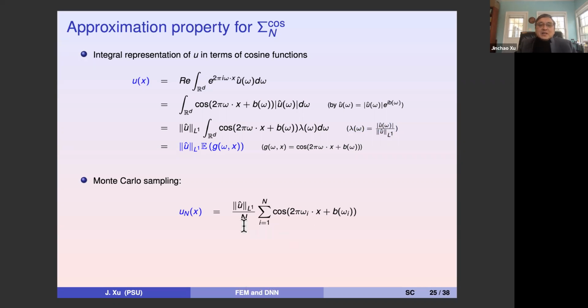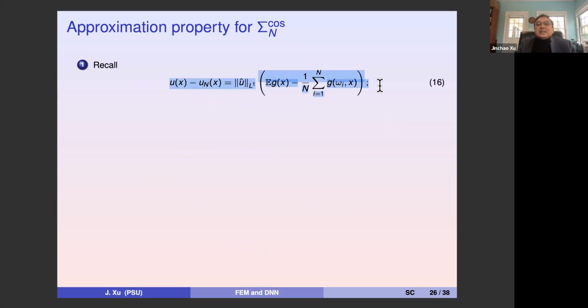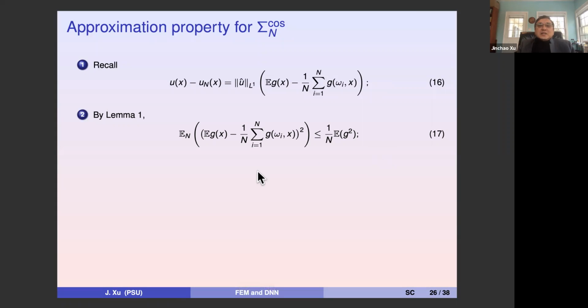Basically, I'm going to choose the omega i to be independent. Okay, I plug that one in there. So U of x minus U_n of x is equal to that guy, by definition. Now, by this identity which I showed you earlier, what I call Lemma 1, you take the expectation, then the n-dimensional integral is bounded by that.